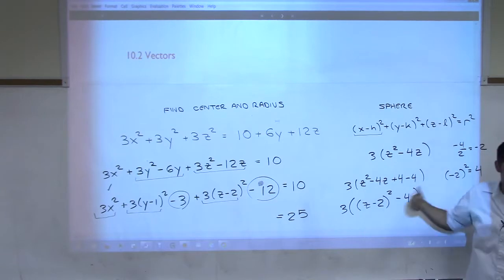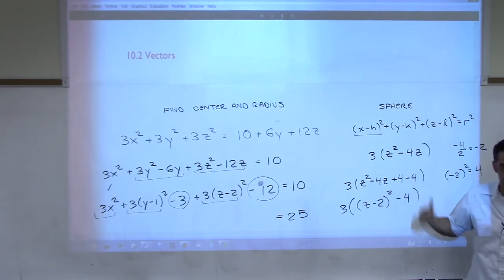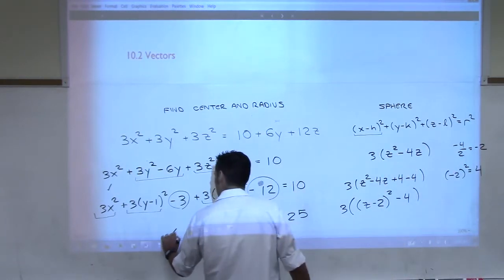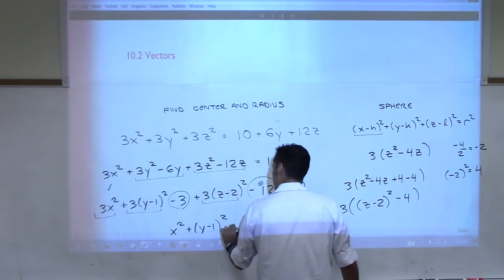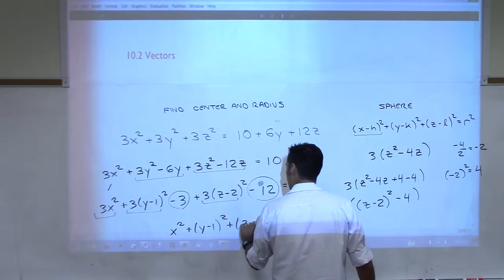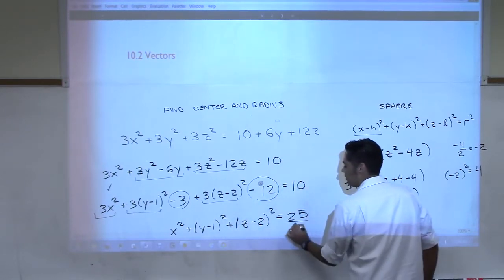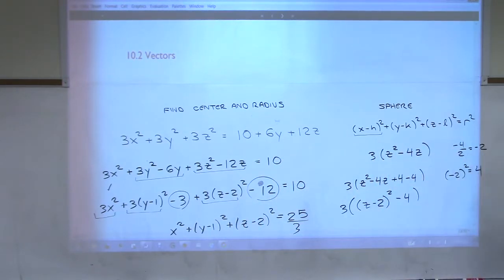So I'm going to divide through both sides by 3. So when I do that, I should get x squared plus (y minus 1) squared plus (z minus 2) squared. And then this is going to be over 3, right? So can you tell from that what the center is and what the radius is?